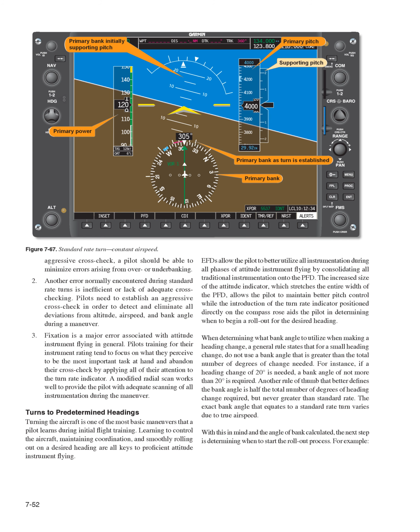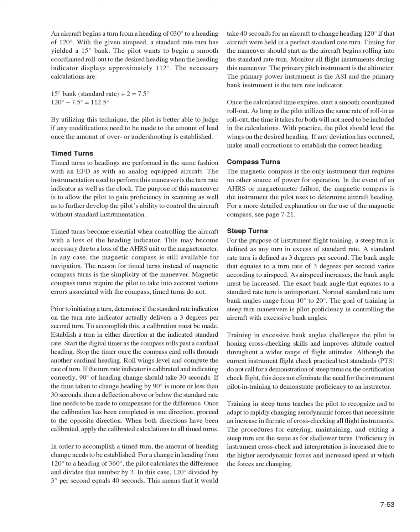With this in mind and the angle of bank calculated, the next step is determining when to start the rollout process. For example, an aircraft begins a turn from a heading of 030 degrees to a heading of 120 degrees. With a given airspeed, a standard rate turn has yielded a 15 degrees bank. The pilot wants to begin a smooth coordinated rollout to the desired heading when the heading indicator displays approximately 112 degrees.